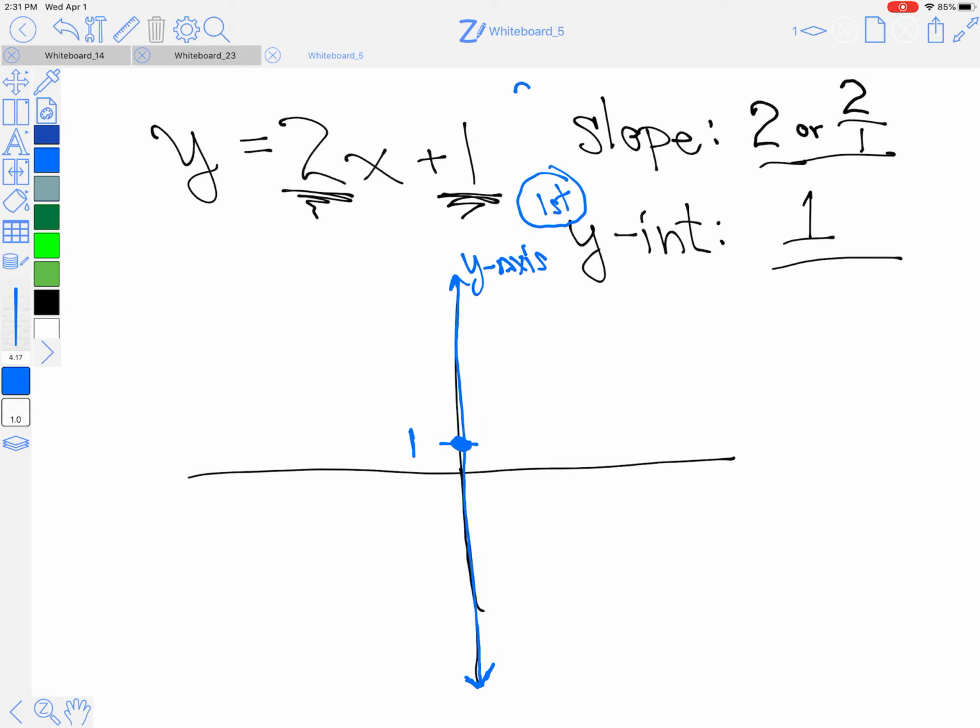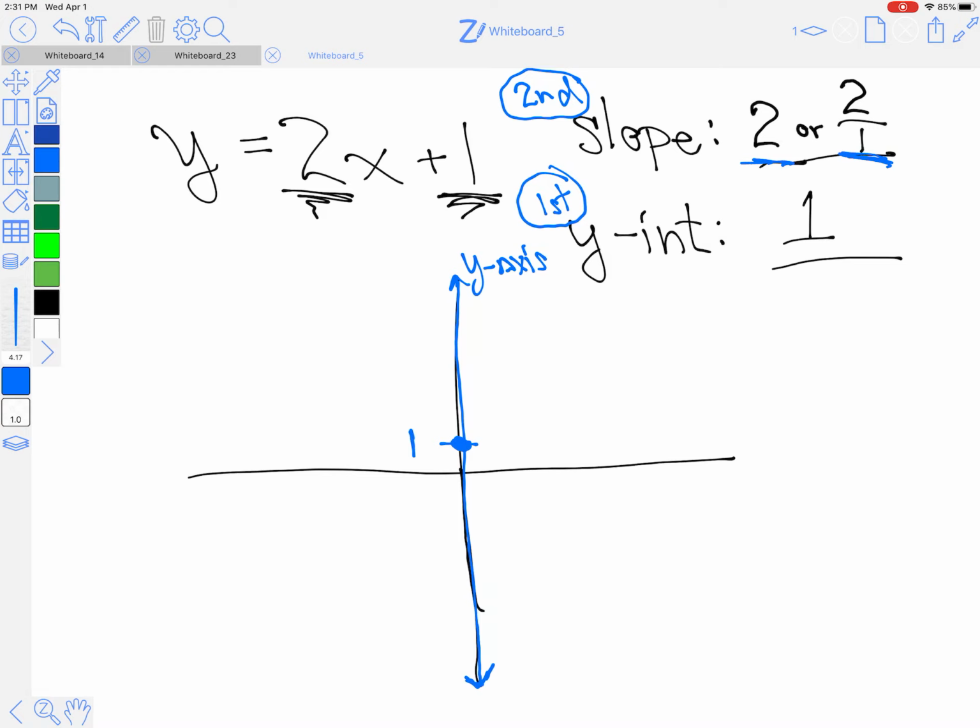Then, second, I use the slope, and my slope is 2. But now you're going to see why I said it could be 2, or we might say that it's 2 over 1. Slope is called rise over run: how far it goes up, how far it goes over.